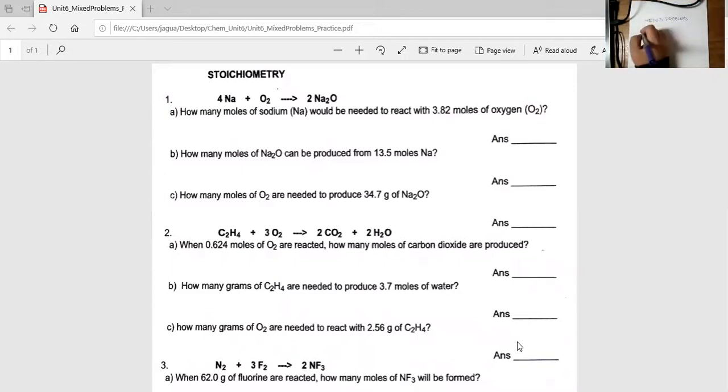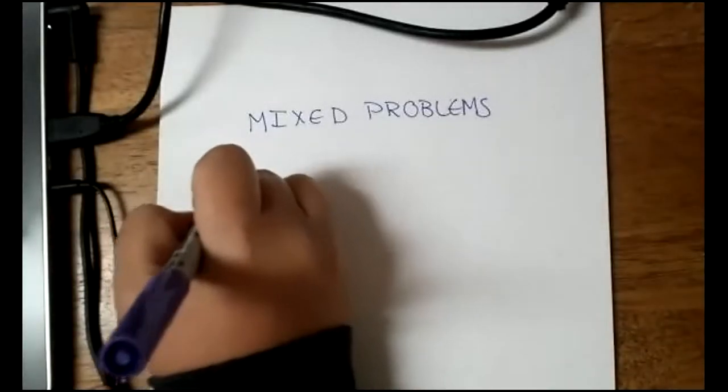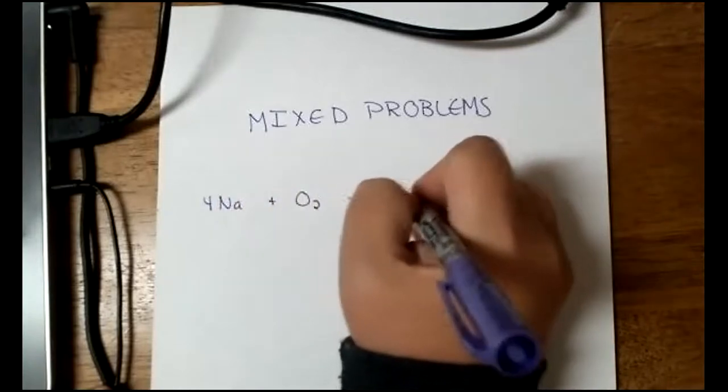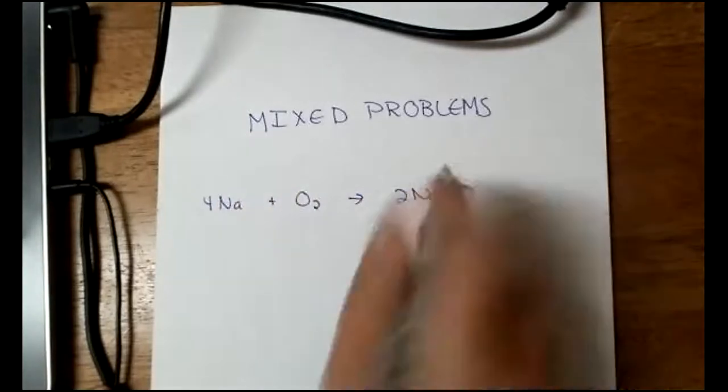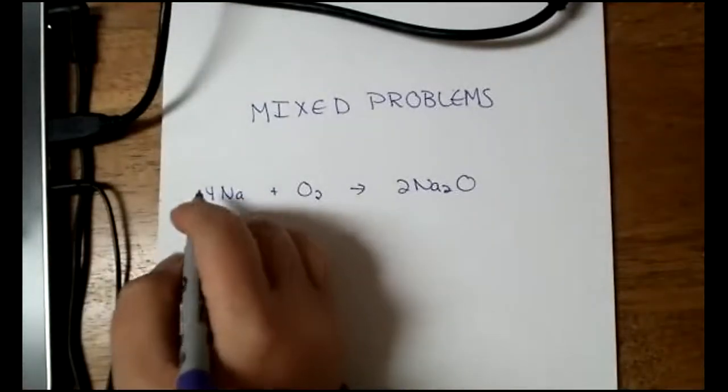They give us a formula and they want us to work this out. This is the actual practice worksheet that was given to you. So I'm going to come over here so I can work this one out. They tell us that we have 4Na plus O2 yields 2Na2O. And we have several different problems. They're kind of ABC problems on these.